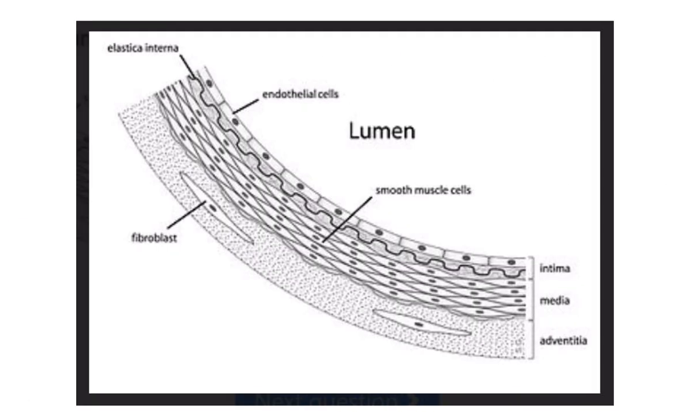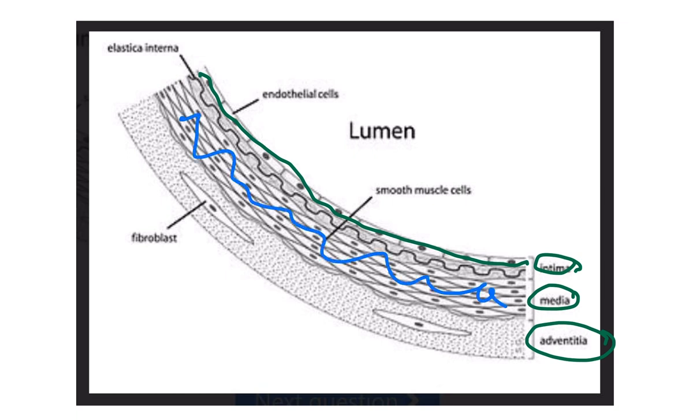Again, see the wall: the inner layer, which is the tunica intima, then the medial layer, media, and adventitia, which is the most outer layer. In abdominal aortic aneurysm, this happens in the media layer. In the media layer, first the elastic fiber is degenerated, and second the collagen fiber. So what is the initial event?